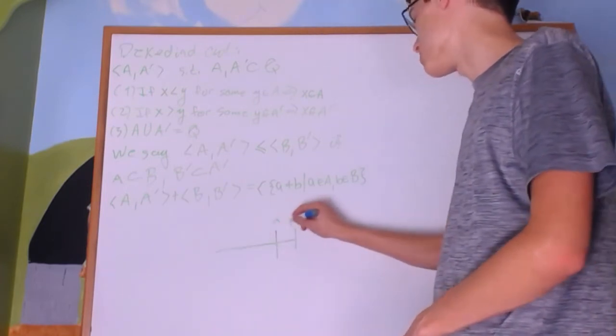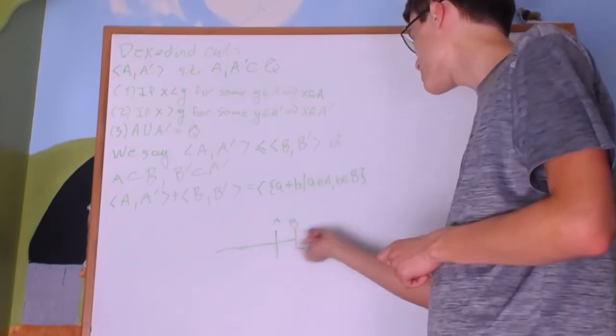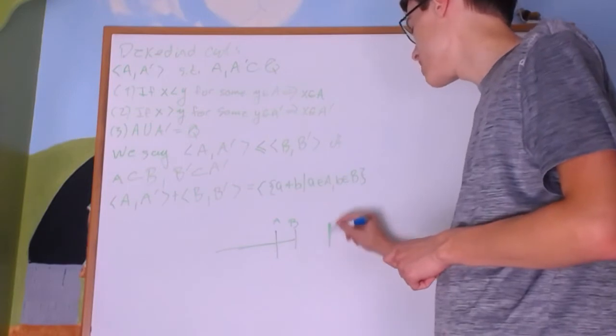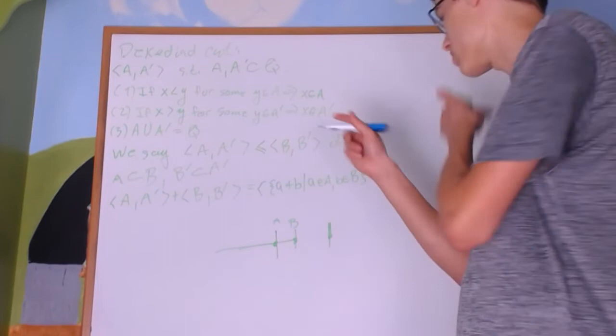This is A, this is B. When I add them together, the maximum value it's going to achieve is going to be at whatever point this represents plus each other.